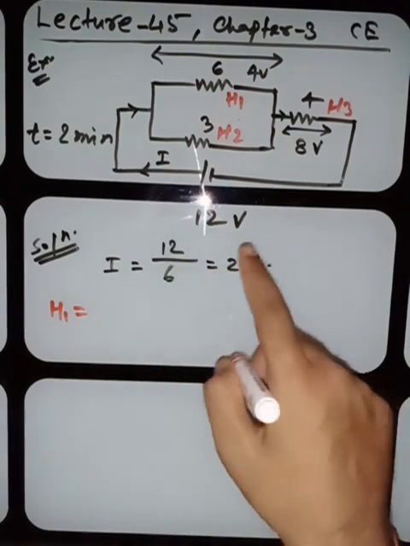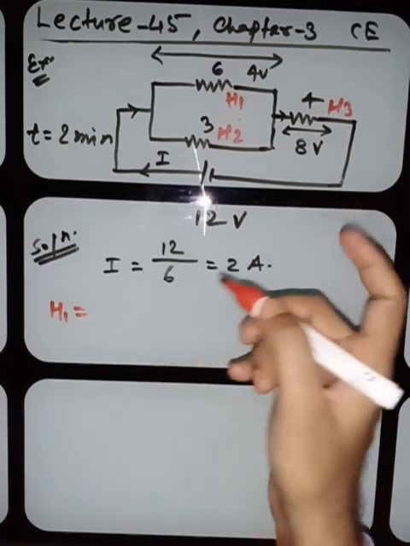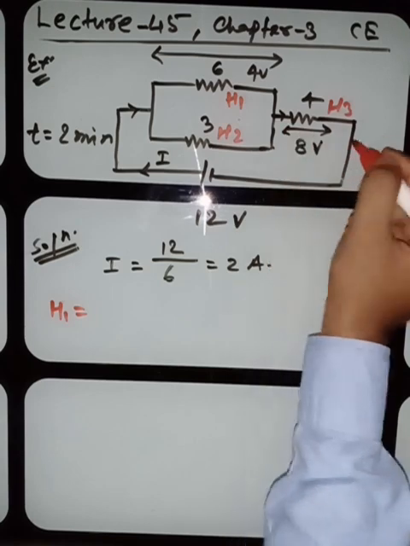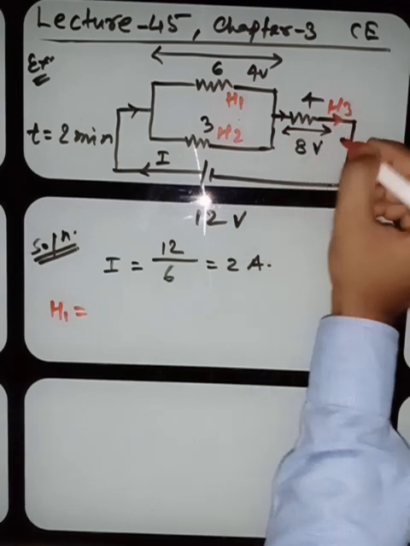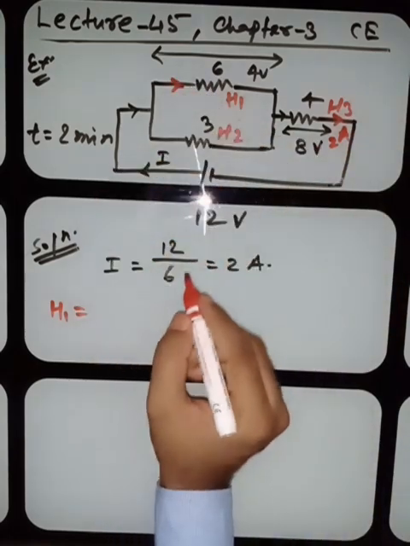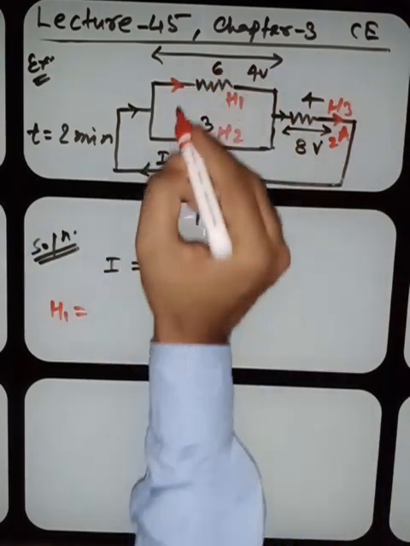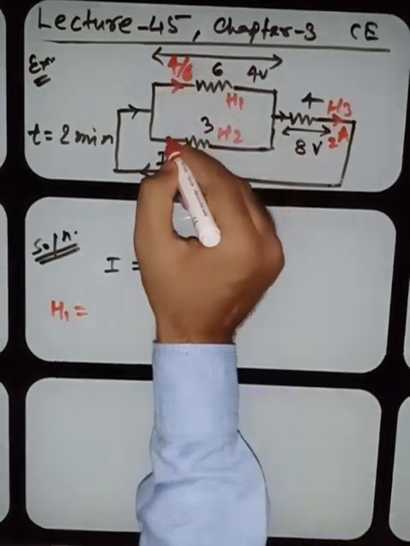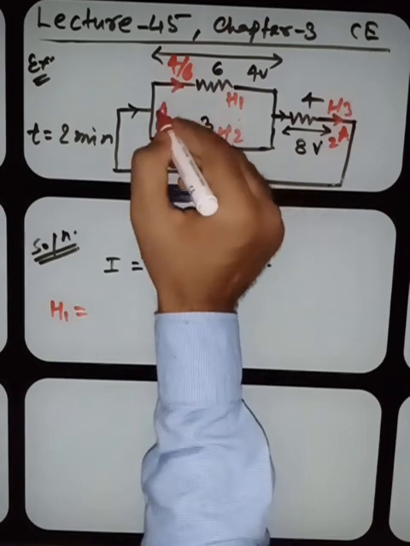It is I square R. The current across here is 2 ampere. How much current was here? 2 ampere. And the current over here, voltage by resistance, is 4 by 6, and here the current is 4 by 3.